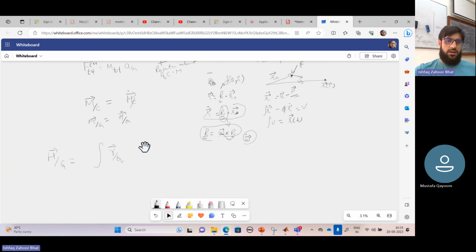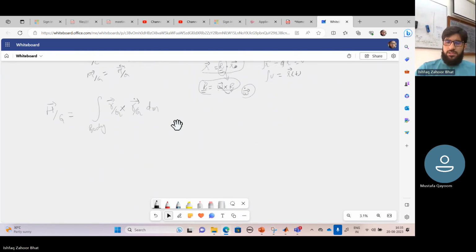So you take R with respect to G, cross it with the relative velocity of point P with respect to G, which is basically the velocity of the small mass dm, and you integrate this for the whole body. This will give you the angular momentum about the center of mass.